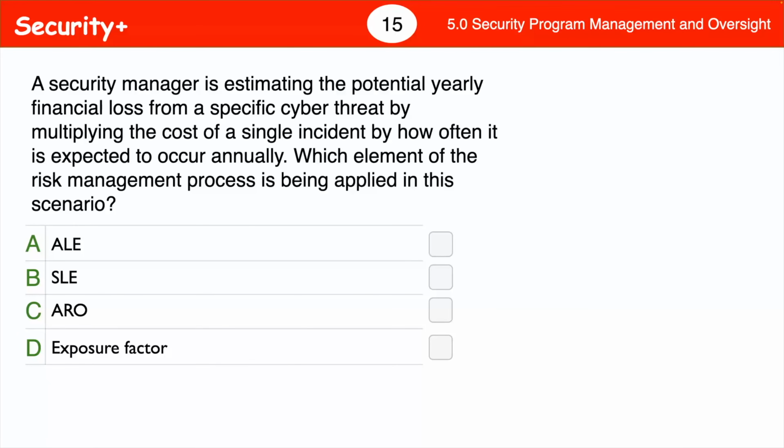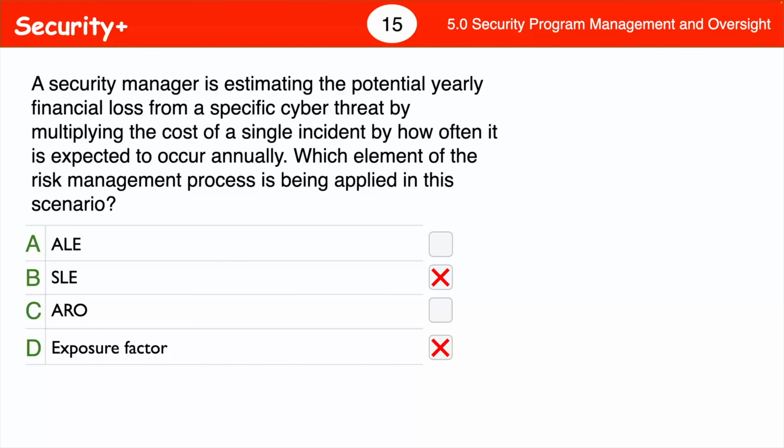And we can start by eliminating B, SLE, which was the answer for the last one. And that is single loss expectancy, since that only measures the cost of a single incident without considering frequency. Next, we can eliminate D, exposure factor, which represents the percentage of an asset's value lost per incident. So it's not the annual totals.